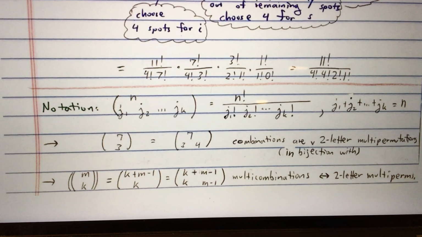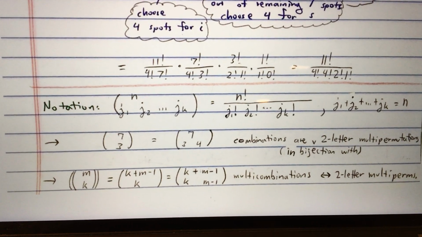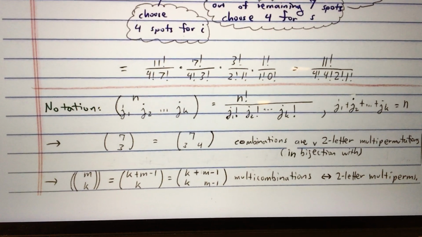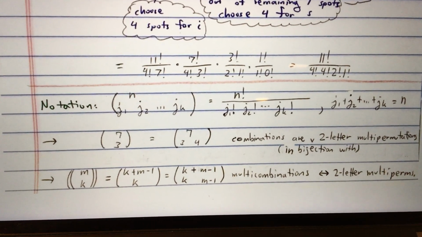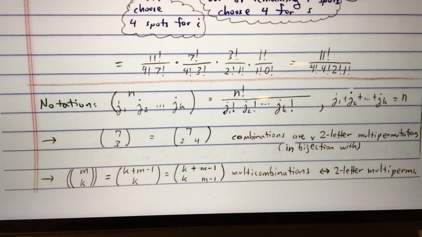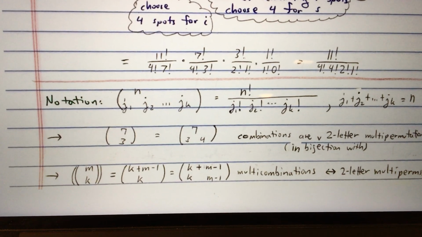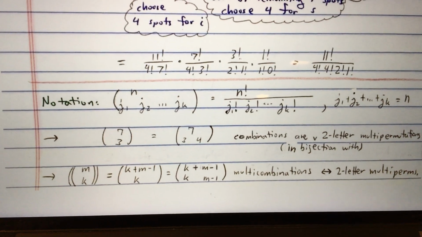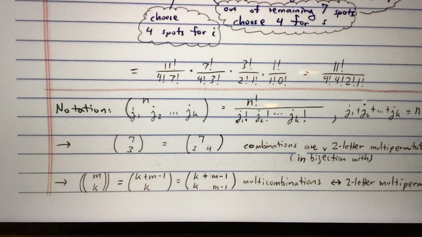So all combinations can be put into the framework of 2-letter multi-permutations if you want to see that bijection. Because the multi-combinations are just written as a regular combination where you have to add the 2 numbers together, k plus m minus 1, choose k. And that can be written as a 2-letter multi-permutation with k plus m minus 1 on top, k and m minus 1 on the bottom.